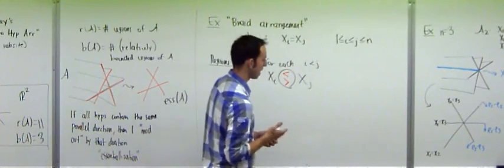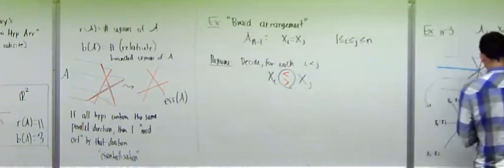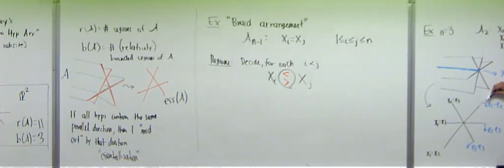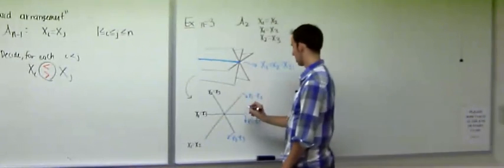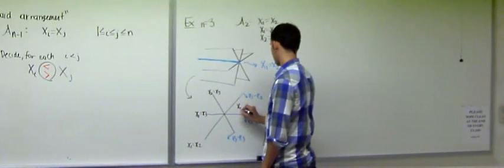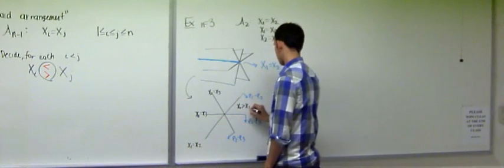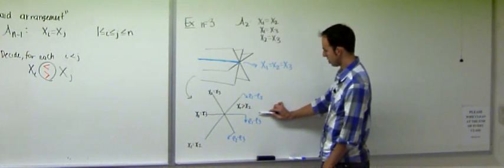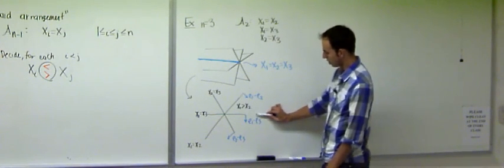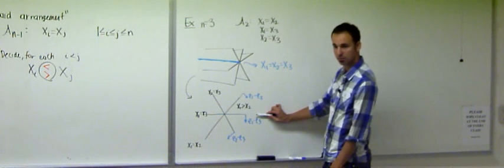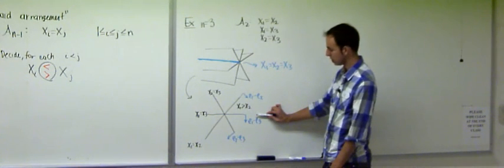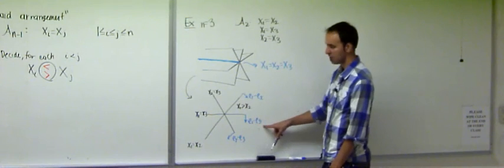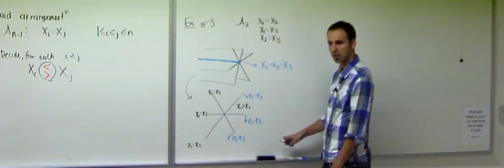So, and again, let's do it in this example. So, for example, here, x1 is bigger than x2. And according to this, x1 is less than x3. Right? Because the dot product with E1 minus E3 is negative.